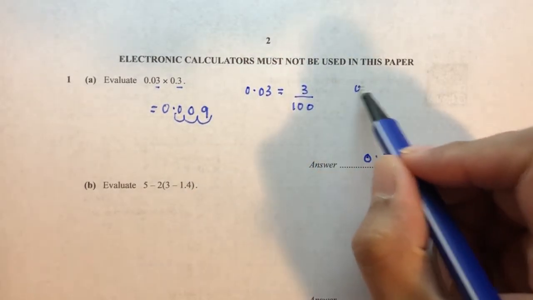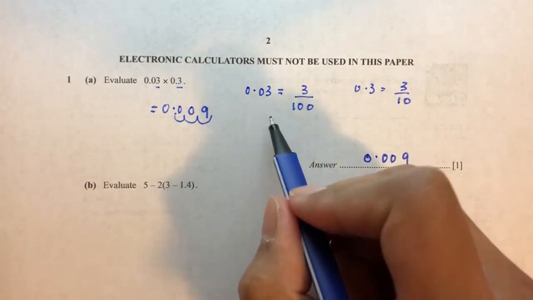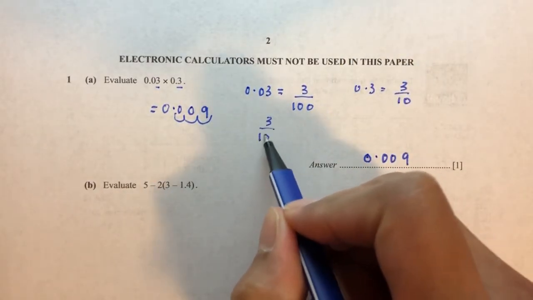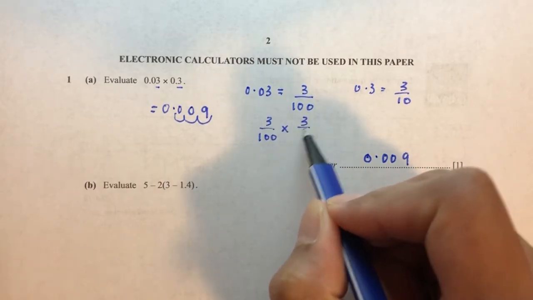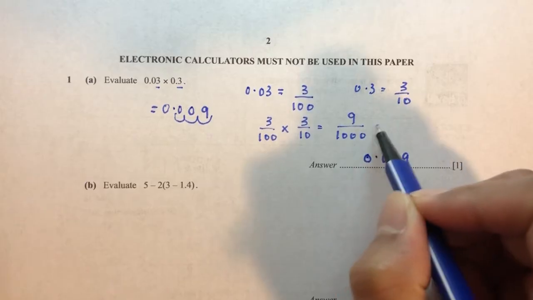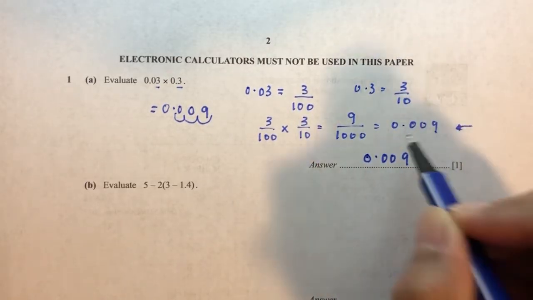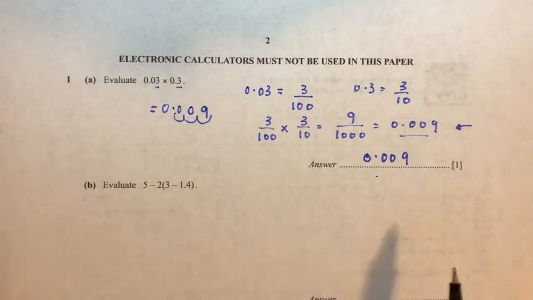And 0.3 is equal to 3 over 10. So we have to do 3 over 100 times 3 over 10. That will be 9 over 1000, which is 0.009. So yep, that's the same answer as this one, and you have two ways to do it.